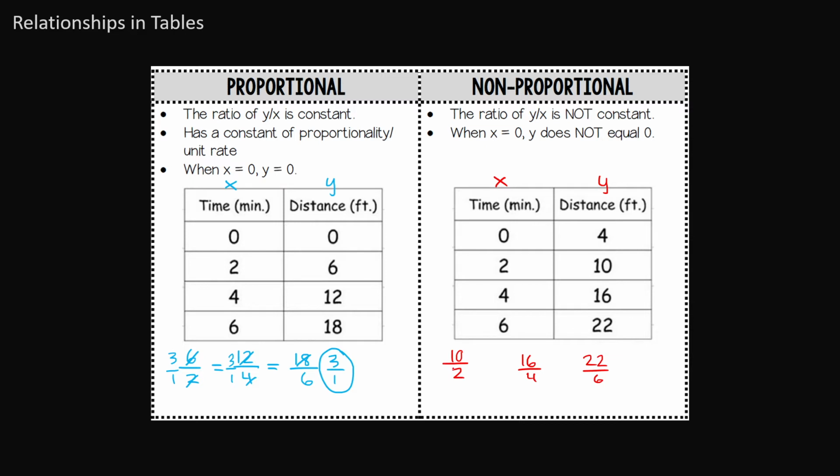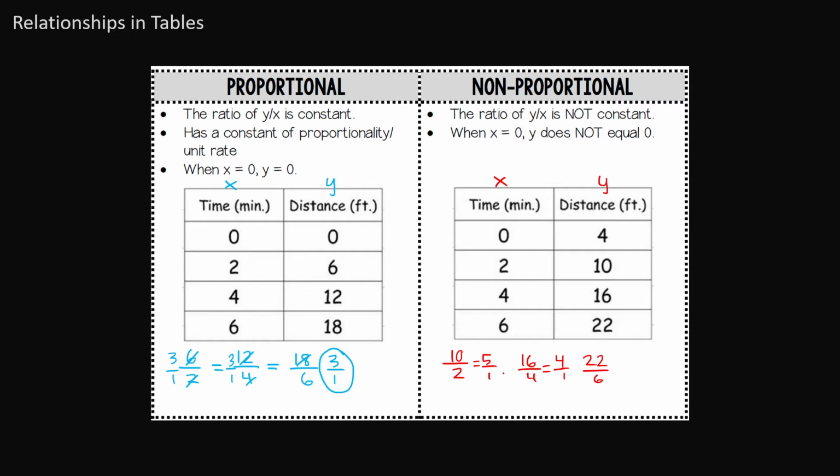Now let's try to reduce these ratios and see if they're the same. 10 over 2, if we reduce that ratio, or really just divide 10 by 2, we're going to get 5 over 1. If we reduce the ratio of 16 over 4, that would be 4 over 1.